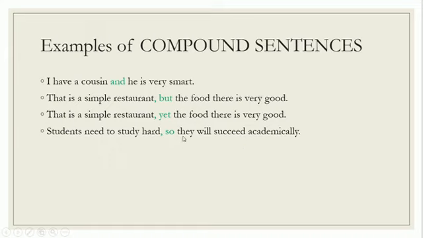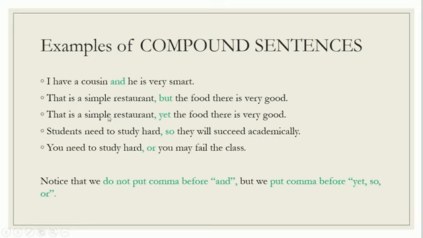We use the word so here to combine two simple sentences. And then the next, you need to study hard or you may fail the class. So we are giving an option or choice here.